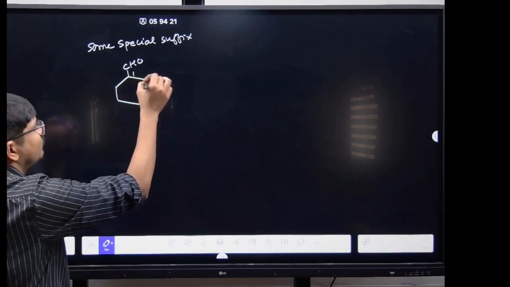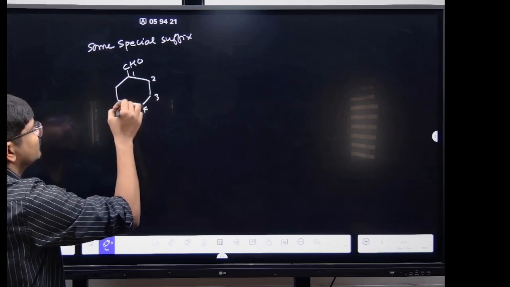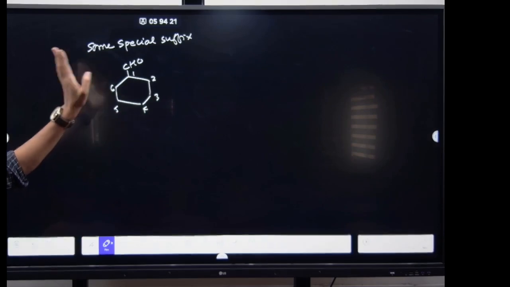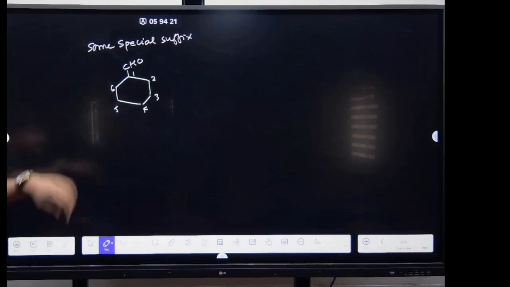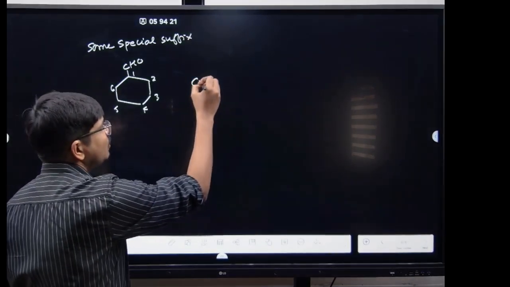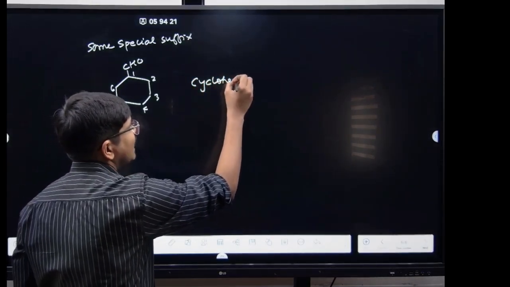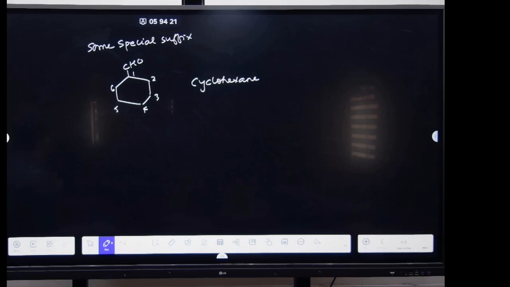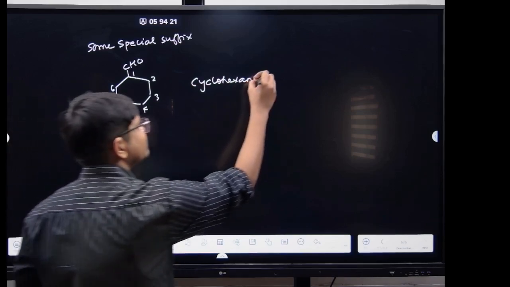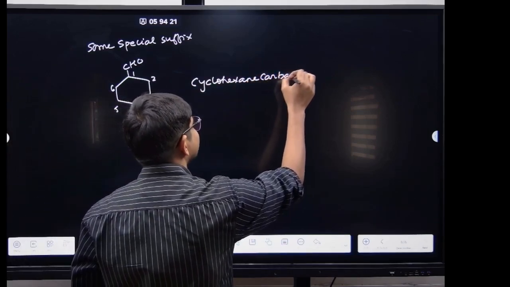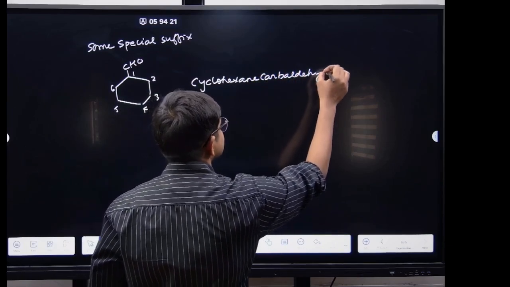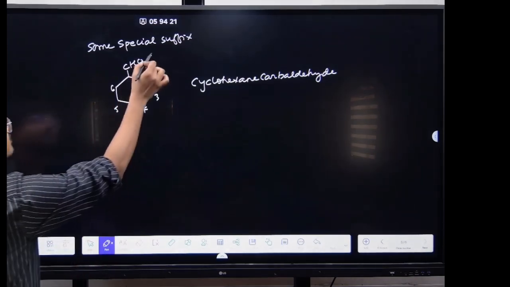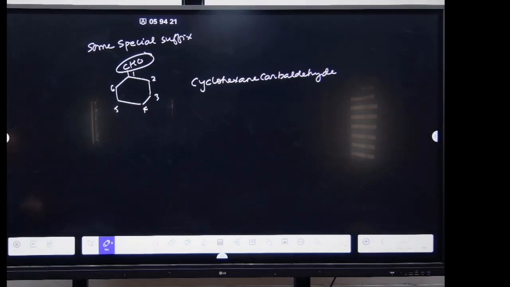So the numbering will be 1, 2, 3, 4, 5 and 6. See, the functional group is not included in the counting. So in this case we write cyclohexane, and this special suffix will be carbaldehyde. So the special suffix will be carbaldehyde. Got it? The special suffix is used if the group is not included in your principal chain.